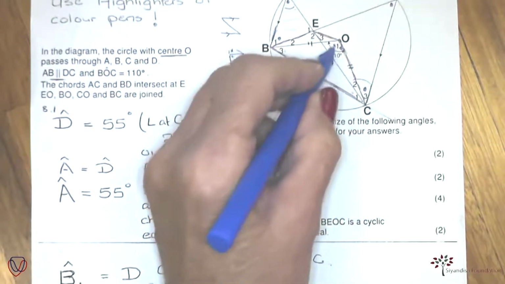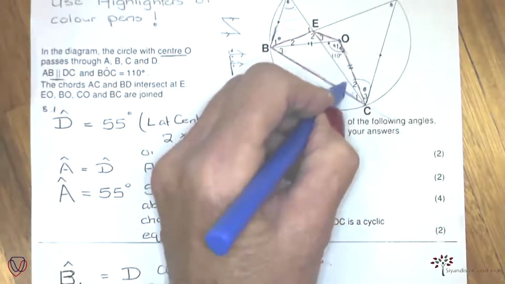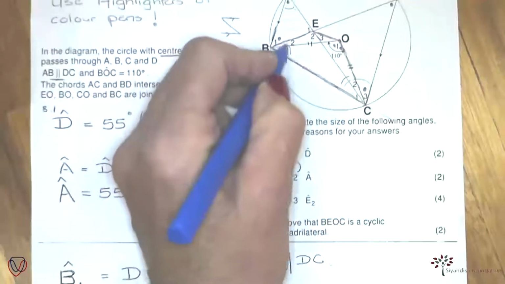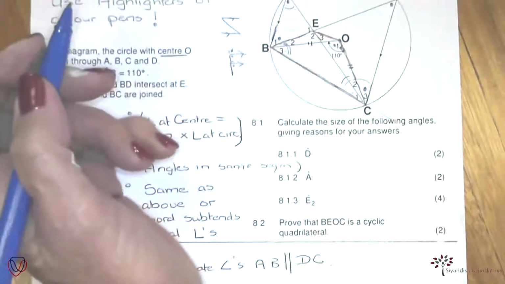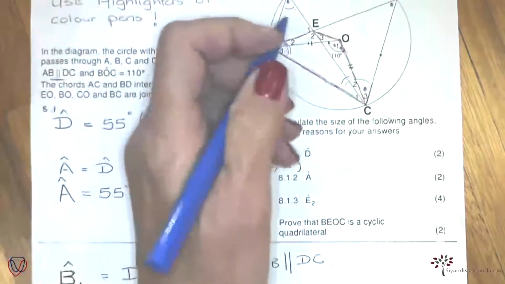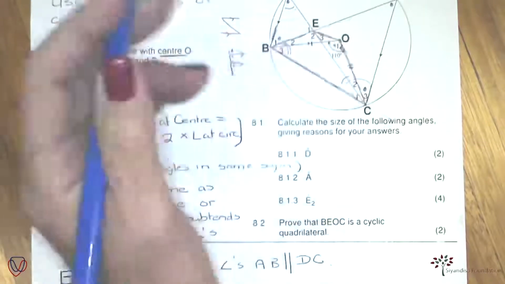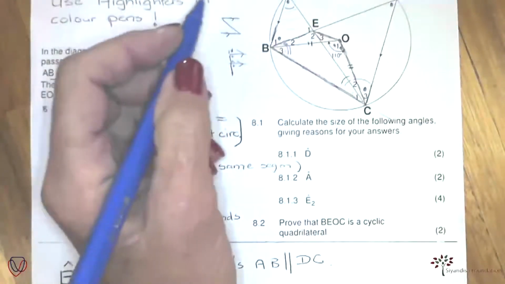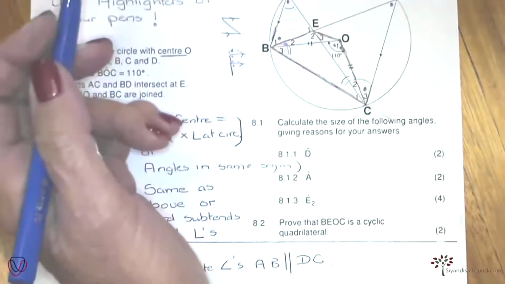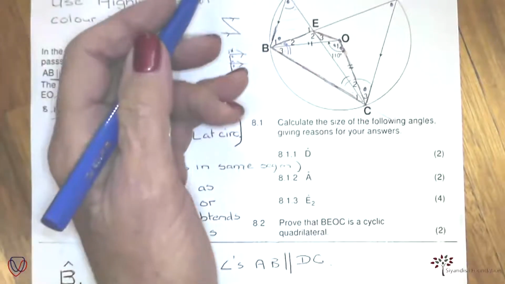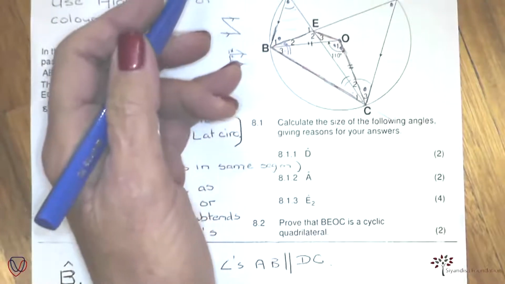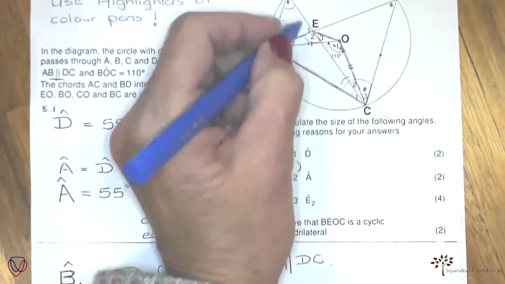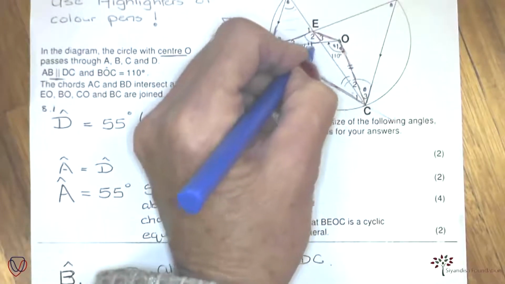Why? Because this is C1 and 2. These two will be equal because of the isosceles. Can you see that? Just keep that in mind. No, I won't be able to work with opposite angles. I won't be able to work with exterior angle. So the only thing that's left, are there diagonals? Yes, there are. So I should have 4 pairs of equal angles if it is a cyclic quad. But look at this. We have just proven E2 is 110. Can you see?